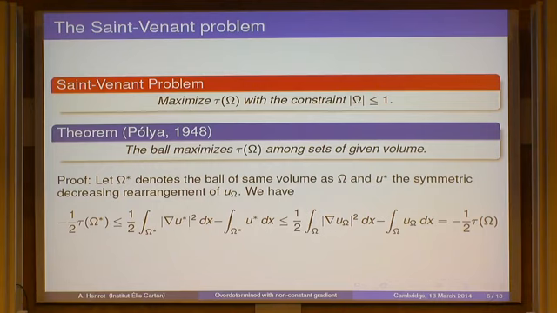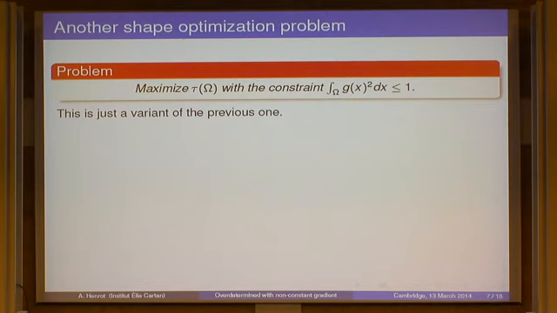Okay, so now what I want to do is to study the same problem, maximization of the torsion, but replacing the constraint on the volume by a new constraint, which is this one: the integral of g squared is less than or equal to 1.